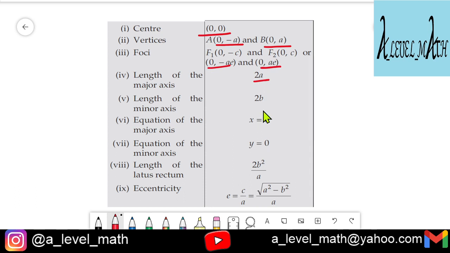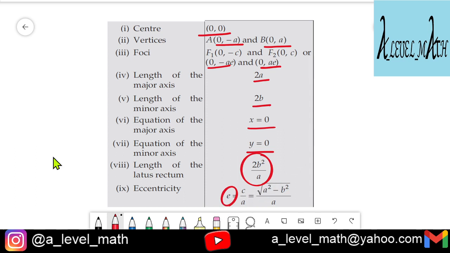Major axis is always the bigger one, minor axis is the smaller one, so minor axis is 2b. Equation of major axis is now along the y-axis, and the equation of y-axis is x is equal to 0. Equation of the minor axis is along the x-axis, and the equation of x-axis is y is equal to 0. Length of the latus rectum doesn't change, it's still 2b square by a, and eccentricity is e.